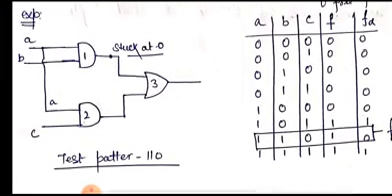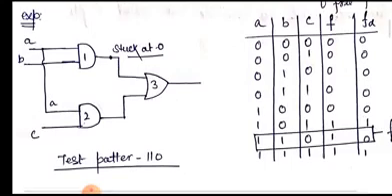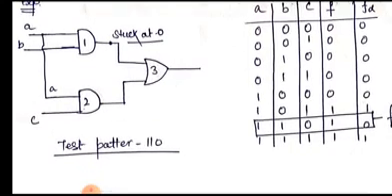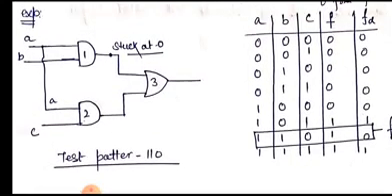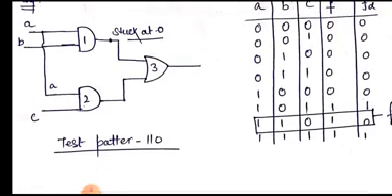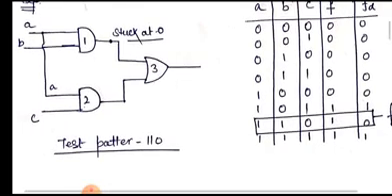For the third combination, A is 0 and B is 1, A dot 0 is equal to 0, so we get a 0 output, and stuck at 0 gives 0, don't worry.